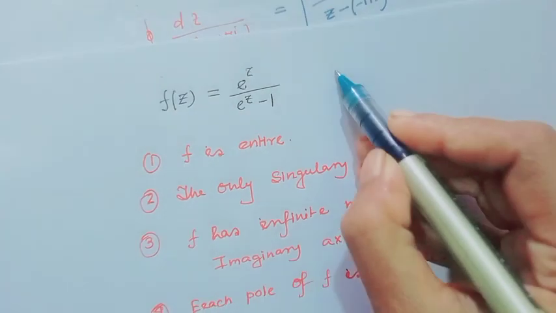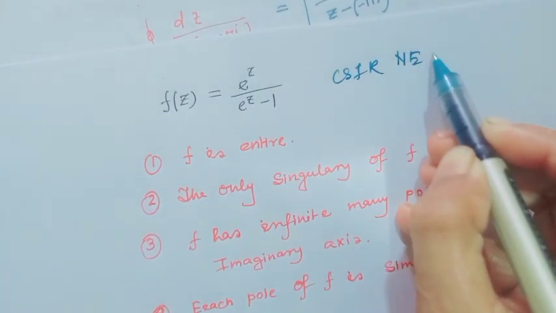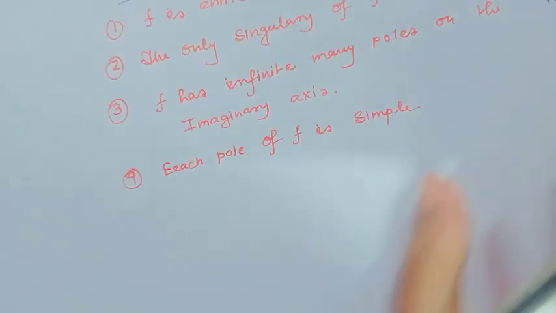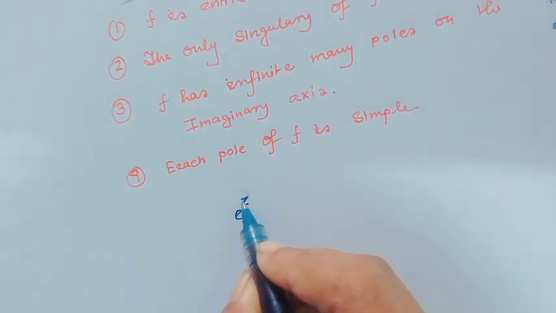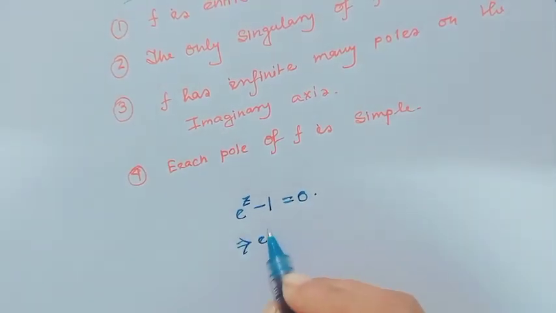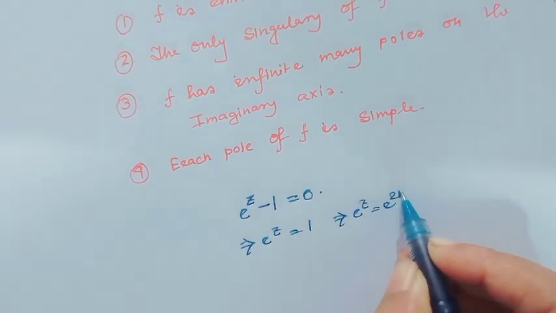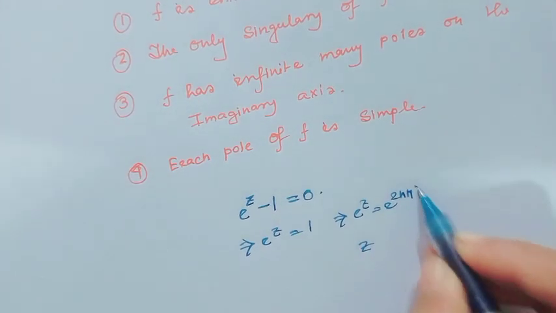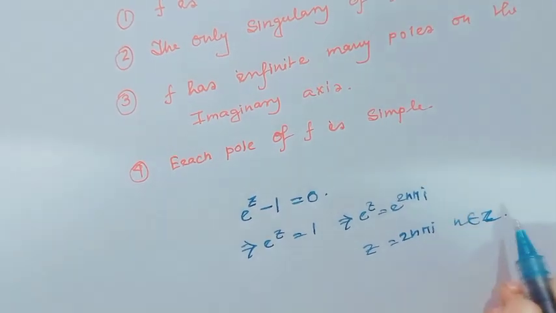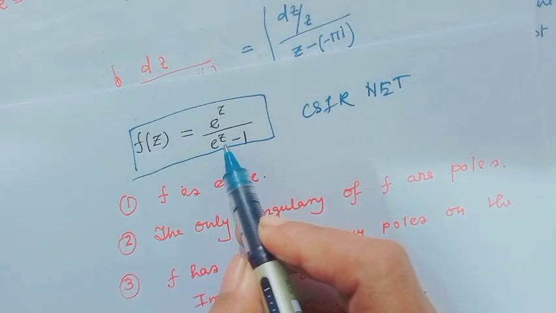Next, which had come in the CSIR NET exam: f(z) equals e to the power z over e to the power z minus 1. Notice here the denominator e to the power z minus 1 equals 0 at the point z equal to 2nπi, where n belongs to integers. At this point, the denominator value is 0.